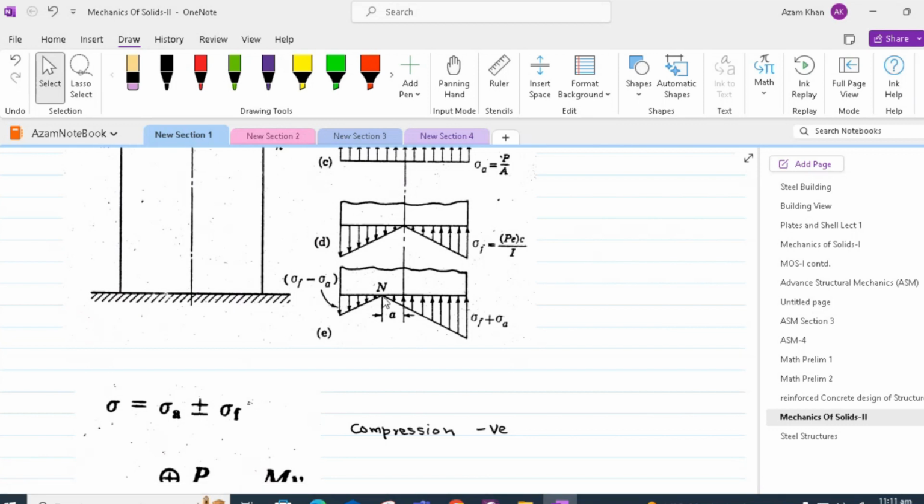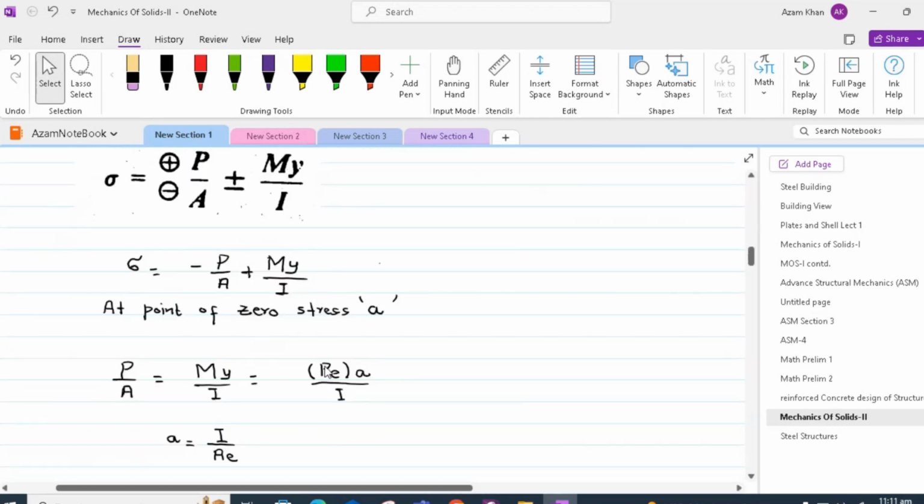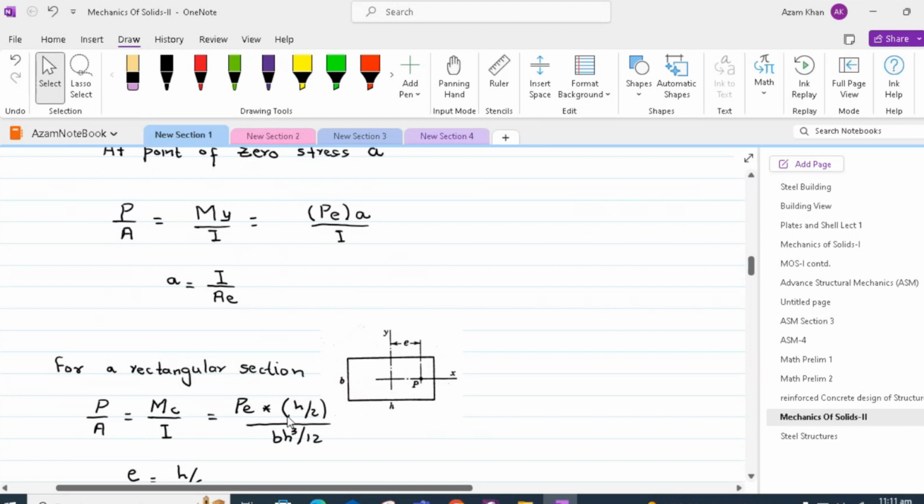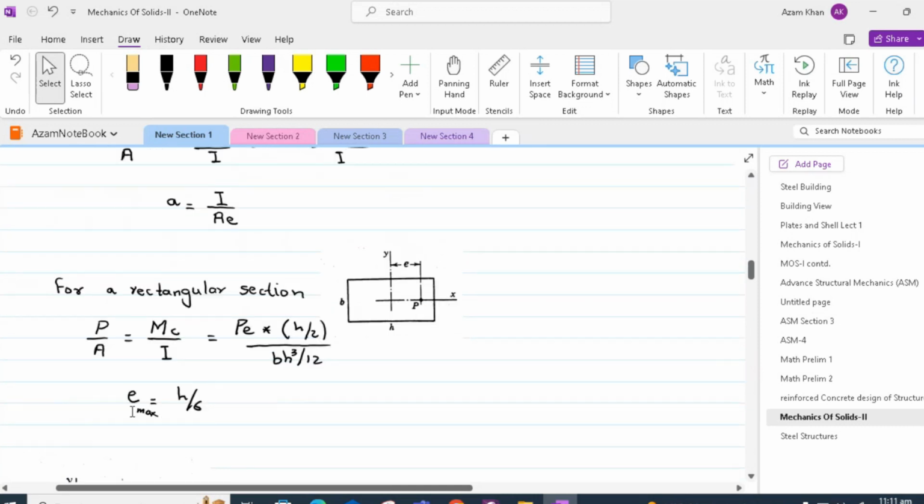The point of zero stress moves to the extreme end, then that would mean that the whole cross section is under compression. Therefore, a is plugged in as h by 2. From this we can get the maximum eccentricity equal to h by 6.